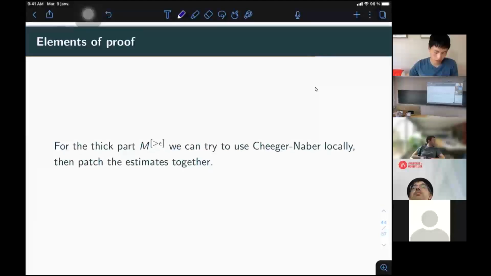So the idea is to localize to your neighborhood. You have this thick part, defined using some condition using the non-collapsing scale. So what you can do is try to use Cheeger-Naber's results, and then you patch the estimates together.